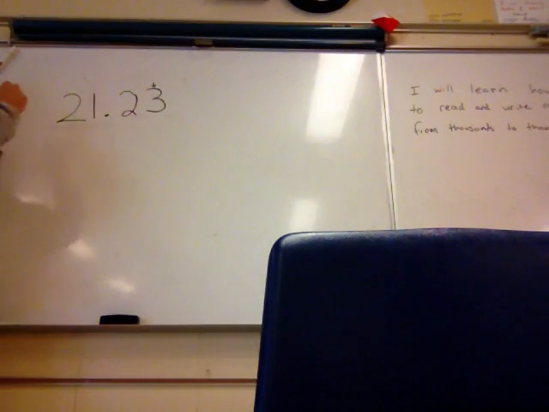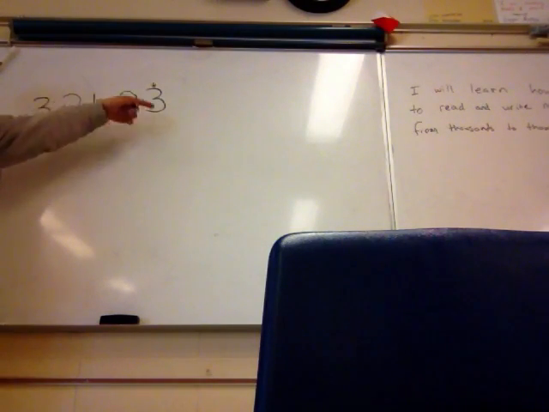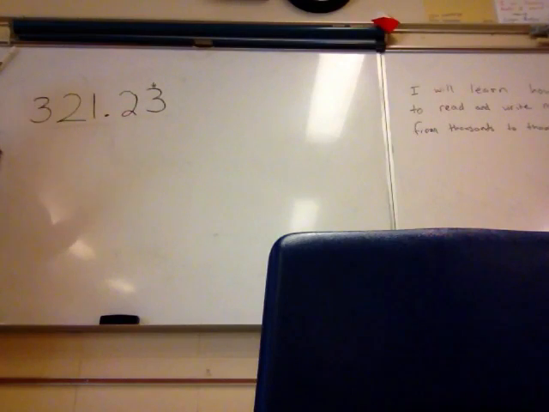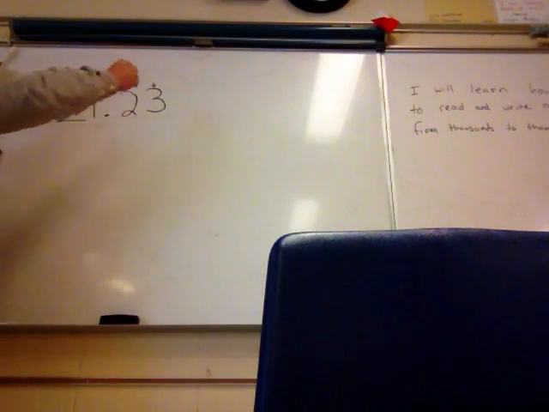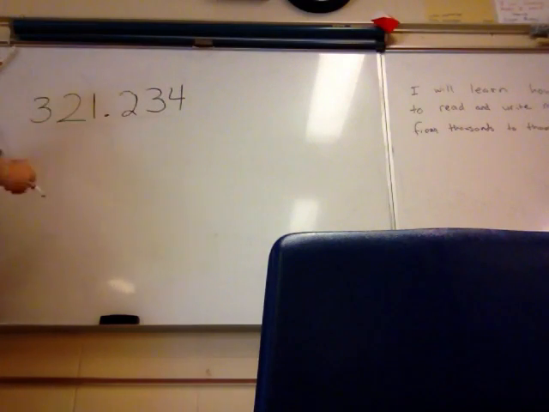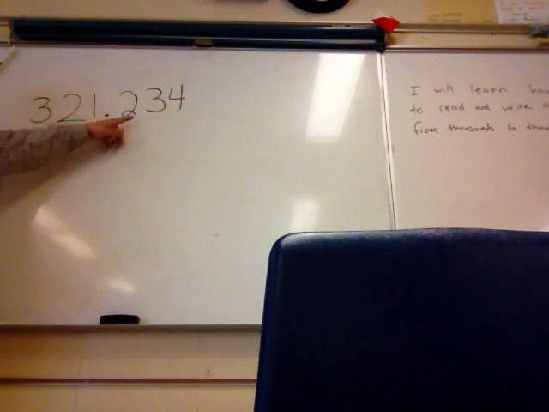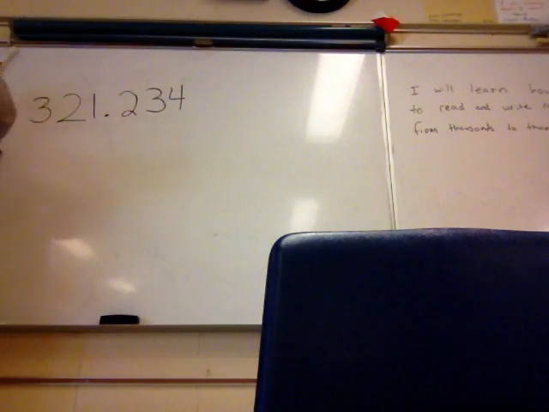Okay, let's add another one. Let's read this one now. 321 and 23 hundredths. I have 33. I know. 321 and 234 thousandths.